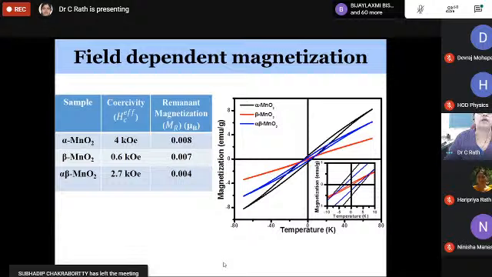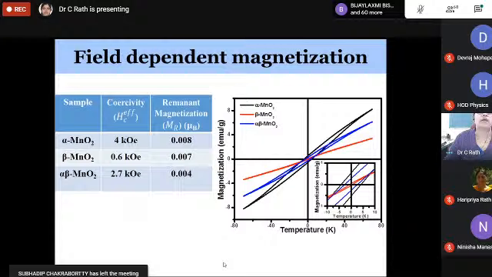To understand that, we measure this susceptibility, and from susceptibility measurement, one can see that the peak position doesn't change with frequency. However, in beta MnO2, one could see this behavior is frequency dependent. And this kind of transition we didn't observe in M versus T. Rather, we observed this behavior in AC susceptibility.